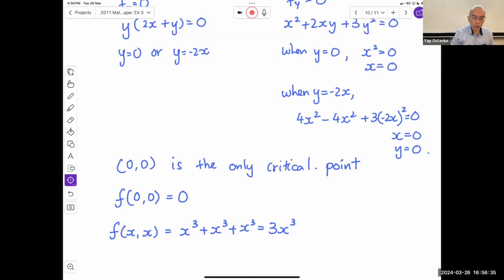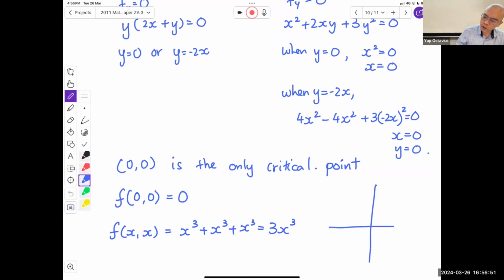Do you all know how this cubic function looks like? Sec 3 mathematics. How does this function look like? x cubed, the 3 is just multiplied by 3. How does x cubed look like? The graph looks like this. Oh, sorry, curved too much. It looks something like this. Yes?